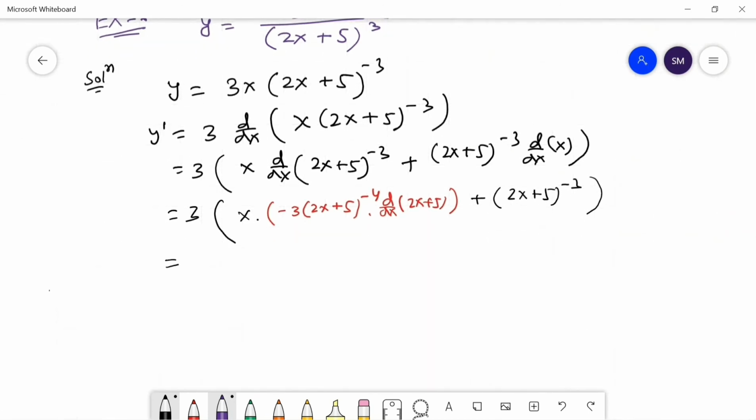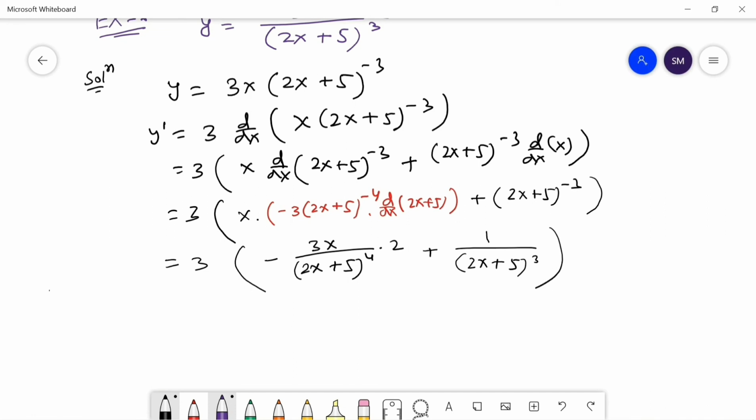This is equal to 3, and then we are going to simplify it, minus 3x over 2x plus 5 to the power 4, and this derivative is 2, plus 1 over 2x plus 5 to the power 3.